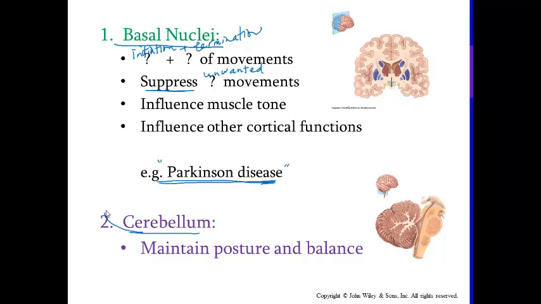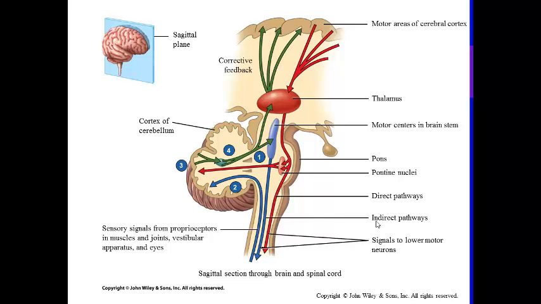So our cerebellum, on the other hand, helps us maintain control of muscles for posture as well as keeping our balance. To process anything, they receive messages and monitor what you are trying to think.